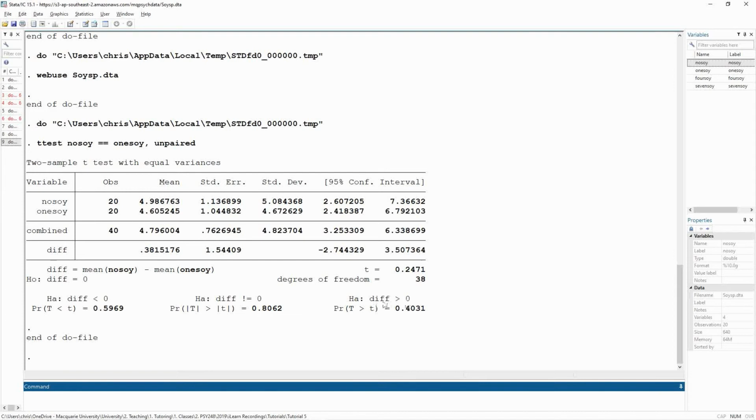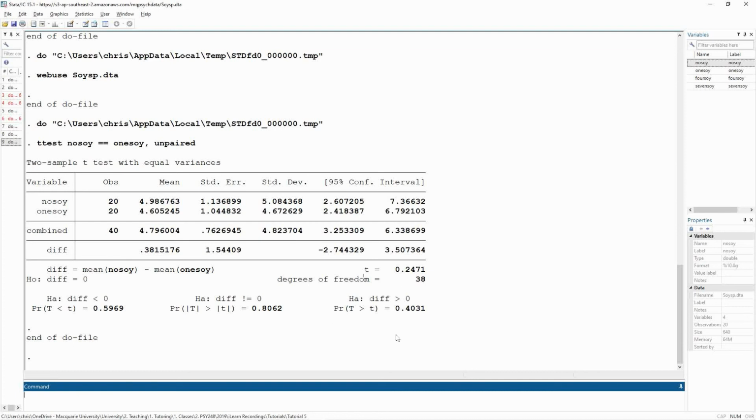And the reason why I know this is the difference that I want to be looking at is because we had the hypothesis that having no soy meals would produce a significantly greater sperm count than one soy meal. And we already know that if the mean of no soy is higher than the mean of one soy, which is the case we have here, then the difference is a positive score. The difference is above 0. So that's why I'm looking here.